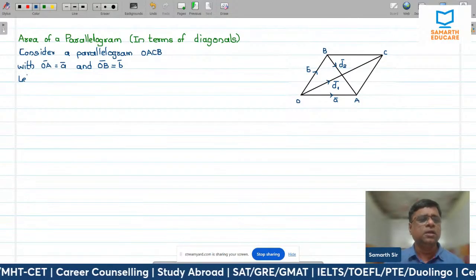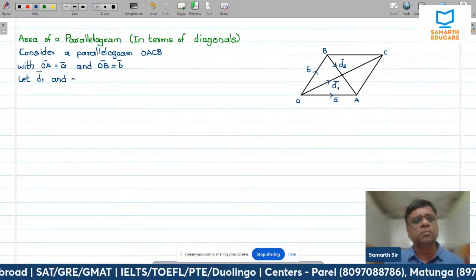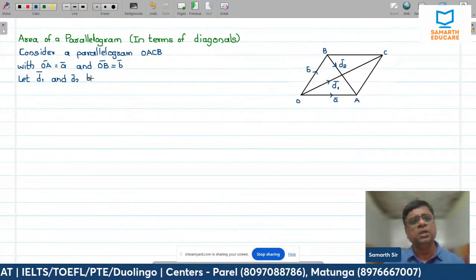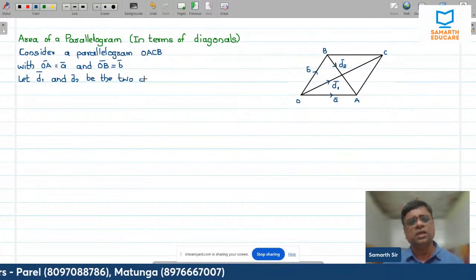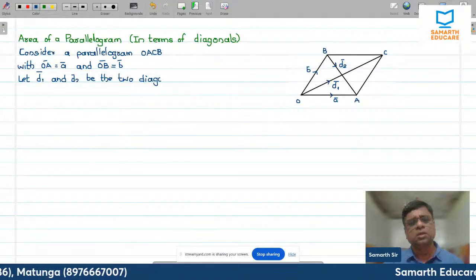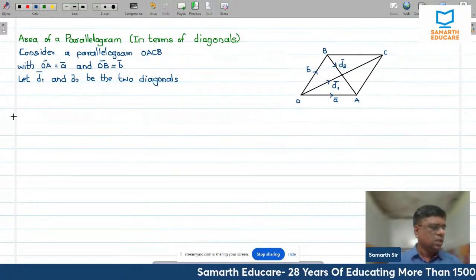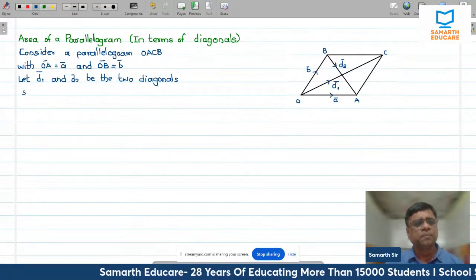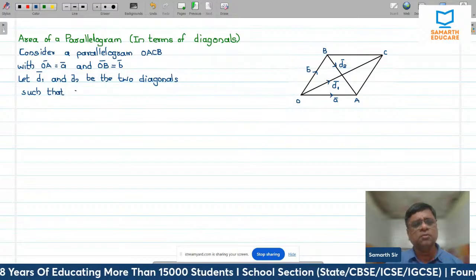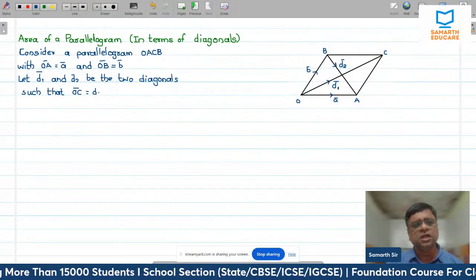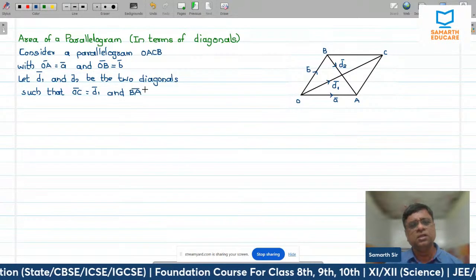Now, let D1 bar and D2 bar be the two diagonals, such that, can you see, OC bar is D1 bar and BA bar is equal to D2 bar.